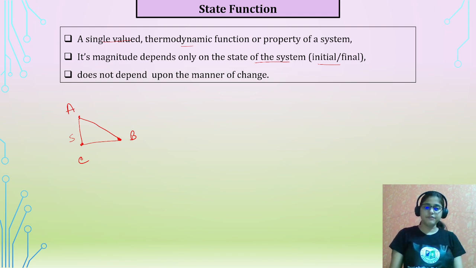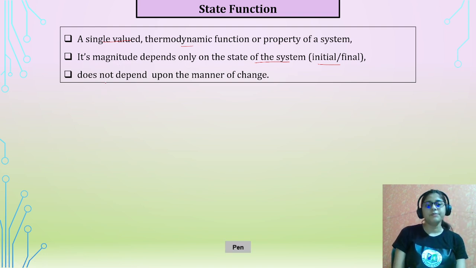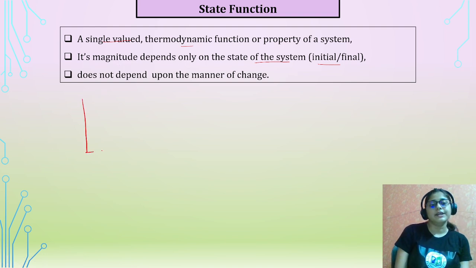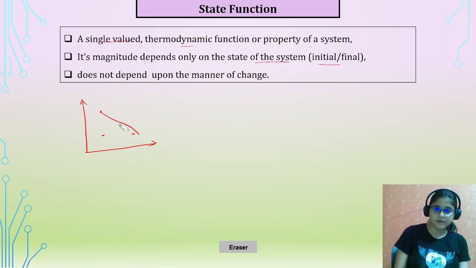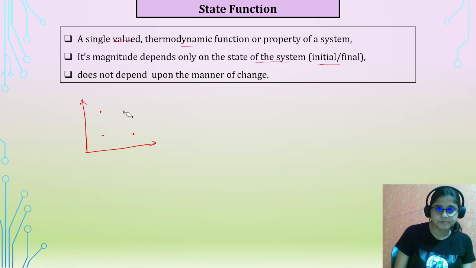So like that, if we think of any process that is going on, and we want to calculate this one, let's say any process is going this way, like the previous examples I have taken.